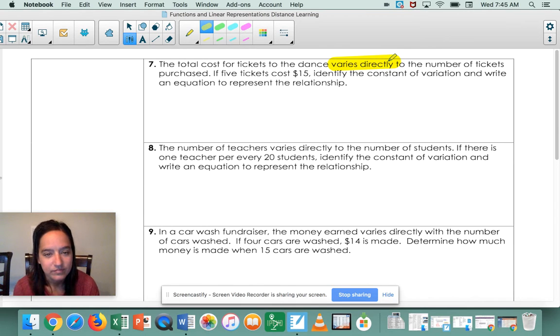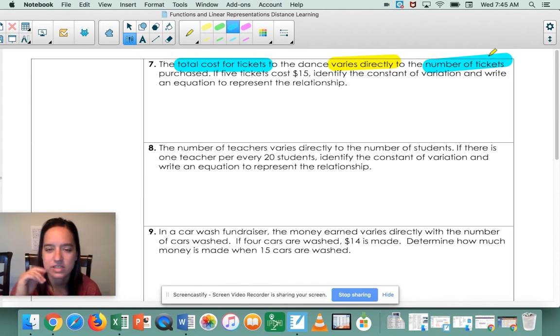The total cost of tickets varies directly to the number of tickets. Now, if I think about that, that's actually really important.